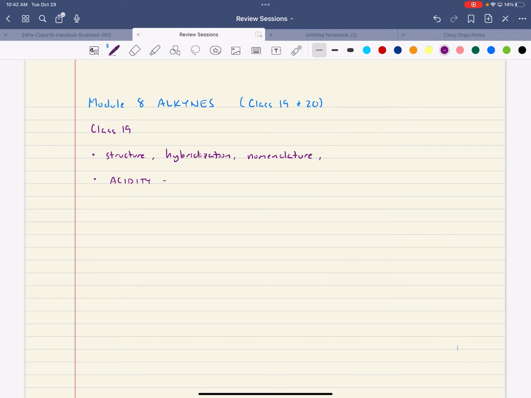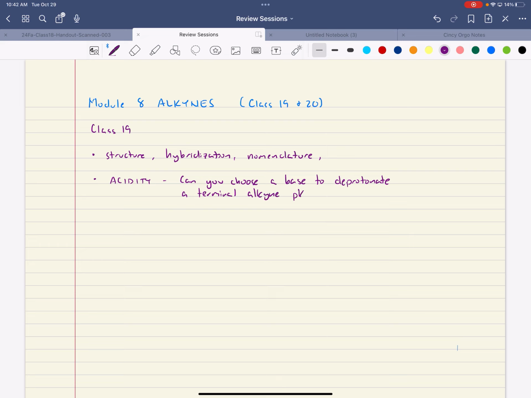Do you know how strong the base has to be to deprotonate the terminal alkyne? So can you choose a base to deprotonate a terminal alkyne?